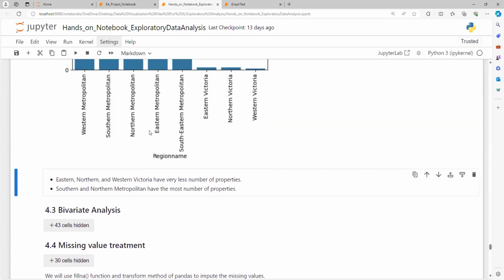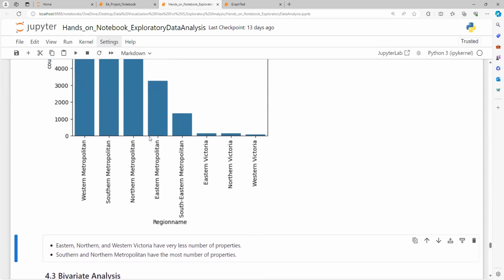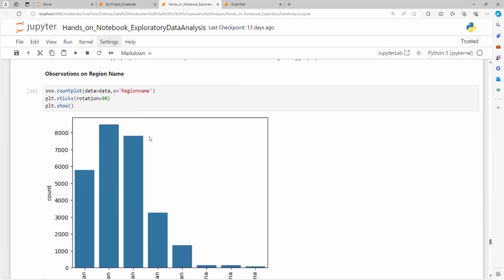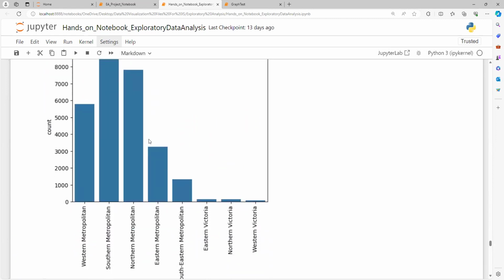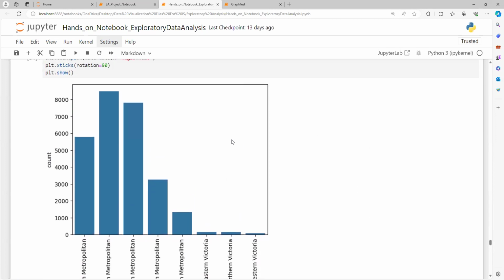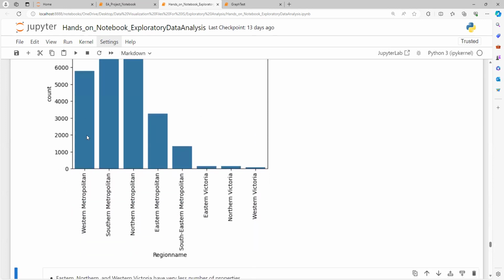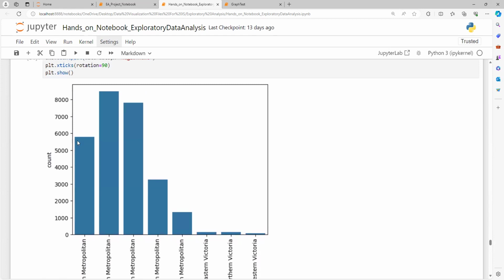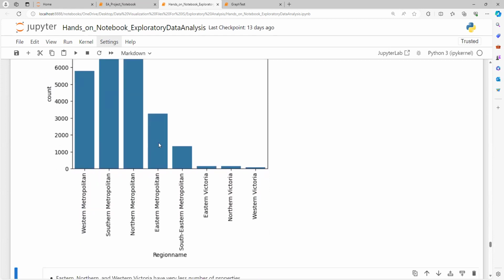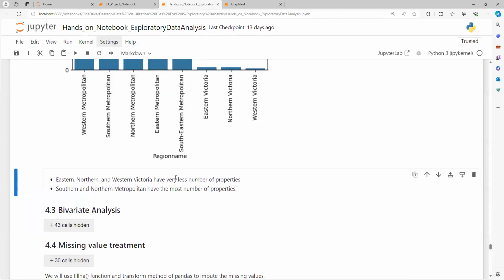We can obviously see which have the smallest clumpings. I would even say that northern and southern metropolitan are not only the biggest, but there's a significant drop. Those two are pretty close. Then western is still a pretty big drop, then an even bigger drop down to eastern, and then a really big drop down to Victorian. That's a huge drop-off, so it really makes the Victorian stand out.